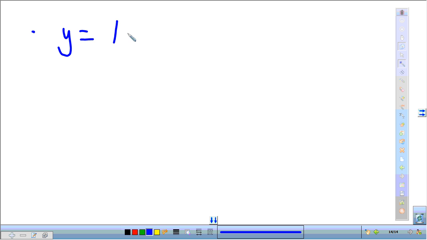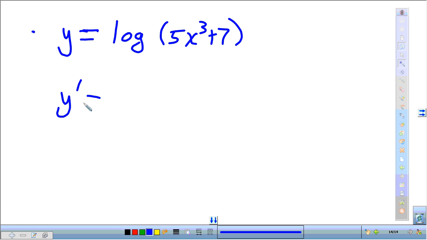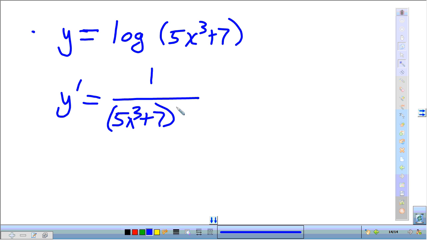If we have a different base, maybe base 10, so y is equal to log of 5x cubed plus 7, the derivative will start out with the reciprocal. So 1 over 5x cubed plus 7, but the base isn't e, it's 10.